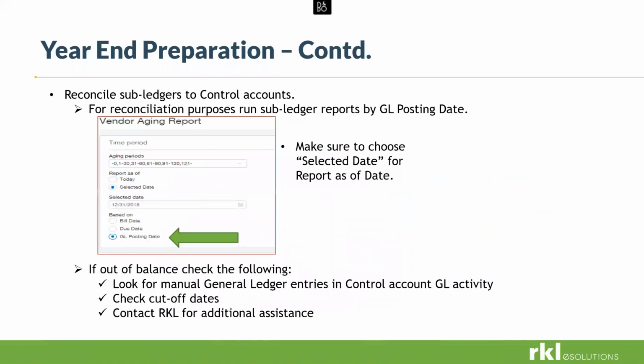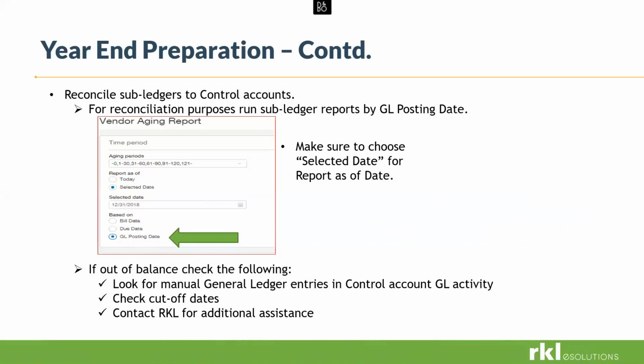Another thing with year-end prep would be obviously your reconciliation of your control accounts to your subledgers. Best thing to do with that is to run the aging report in each module. So AP would be the vendor aging report, AR would be the customer aging report. When you're running the aging reports, you want to use the report as of date, you want to use selected date.